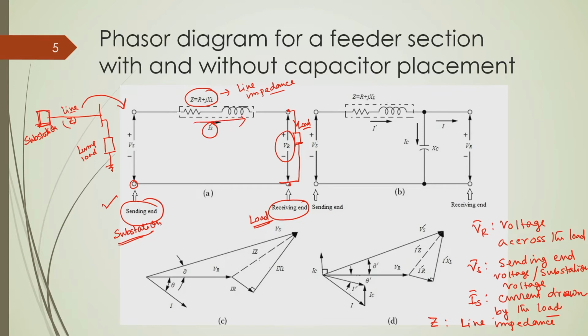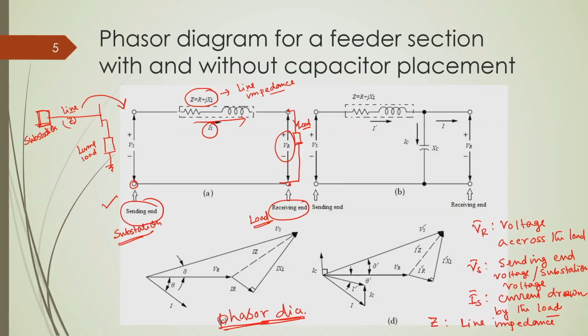Now, in order to draw the phasor diagram for this particular condition, as an electrical power engineer, we represent any circuit in the form of an equivalent circuit, and we draw the phasor diagram from this equivalent circuit. Now, how do we draw this phasor diagram? We need the algebraic expression for this voltage and current.